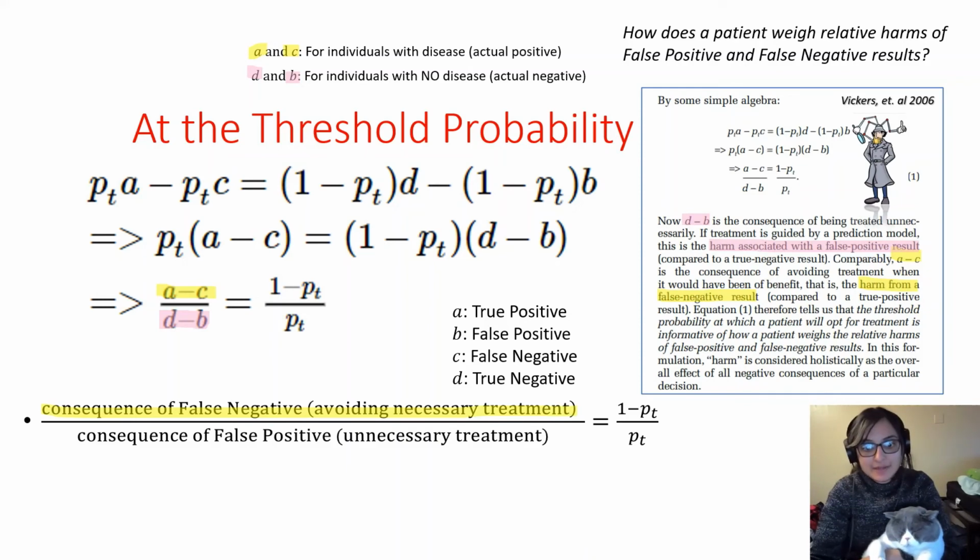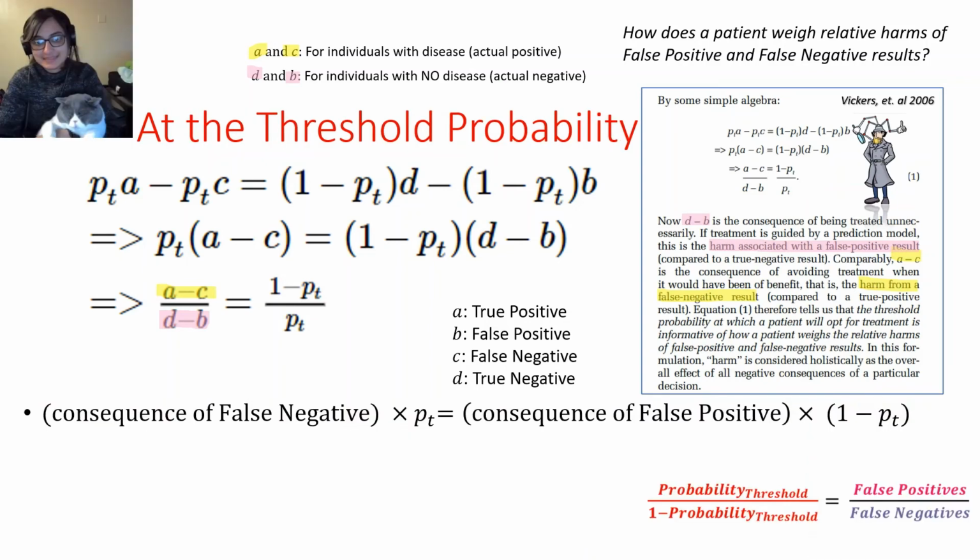And the denominator is just D minus B, which is the consequence of a false positive, of unnecessary treatment. So that's what we simplified this down to, equals 1 minus PT over PT. The next thing we can do is simplify it: consequence of a false negative times PT equals consequence of false positive times 1 minus PT.